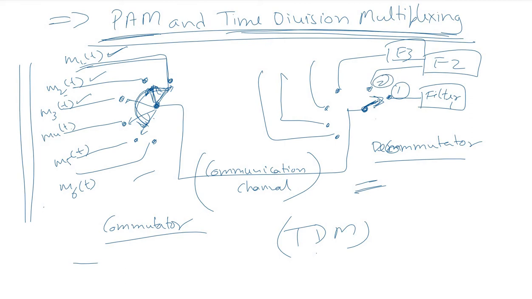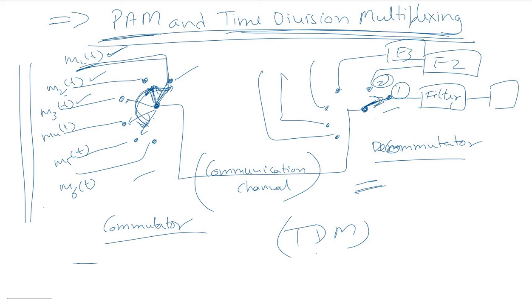This is the second receiving branch for M2T. At a time, this rotary switch will be at the same corresponding point. So if it is at point 1 at the transmitting end, it will be at point 1 at the receiving end as well. And these further signal processing blocks are for this particular M1T signal only, to reconstruct this signal.